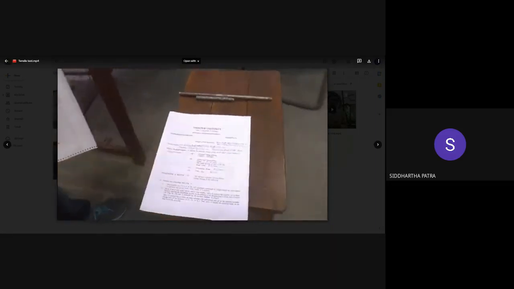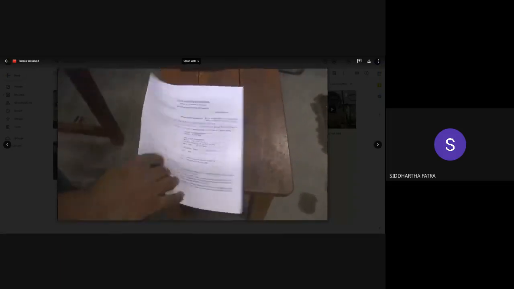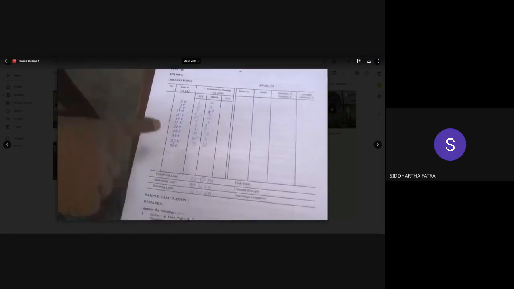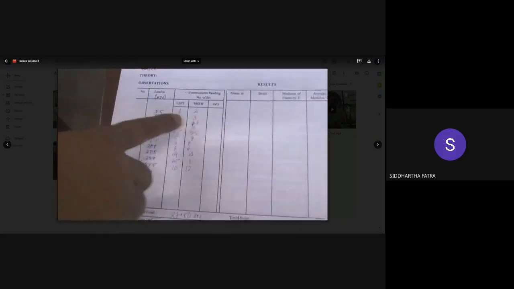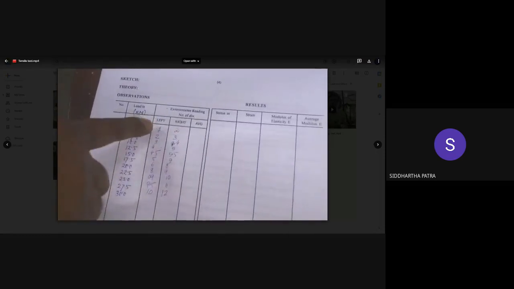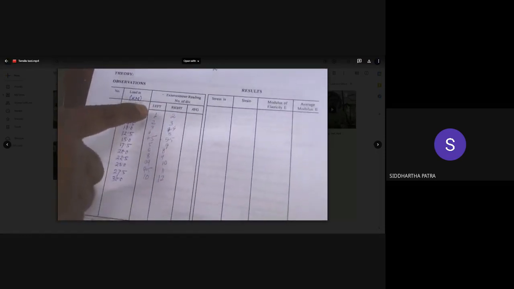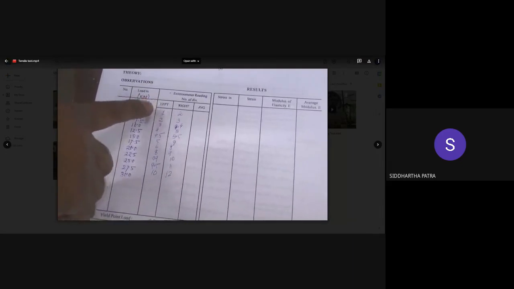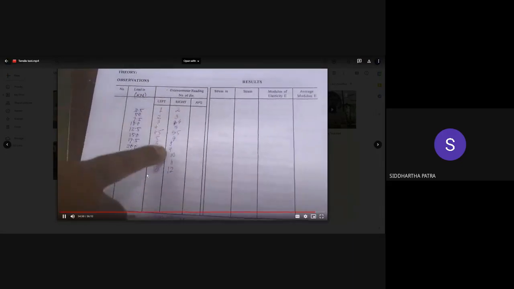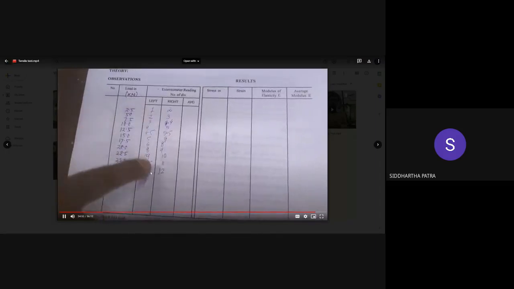So we have written down all the data that you require, and on this side we have noted down the values of the different deflections from the load. So there are two columns. In one of them we have noted down the left dial of the extensometer, on the other one the right dial, and this way we got the elongations within the elastic limit.